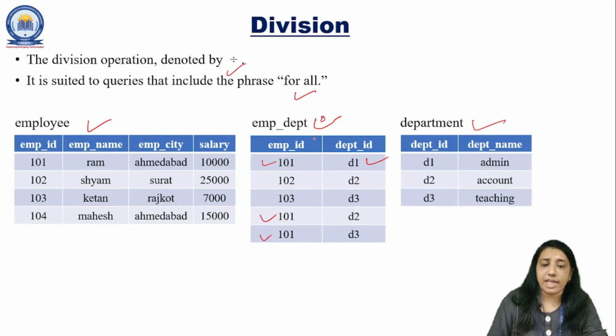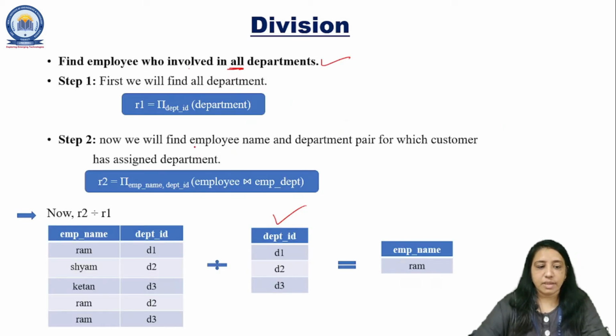If you want the name, then you have to combine these two relations. So for that you require the join or a cross product. That means you have to combine these two tables. So how to do this? So you can see that employee name and department ID.